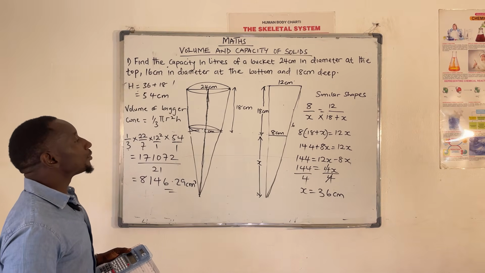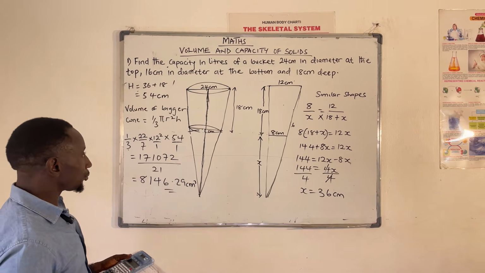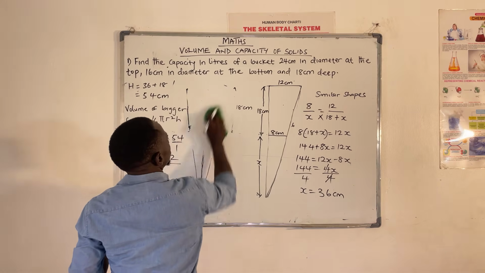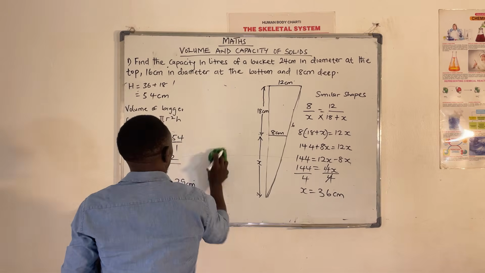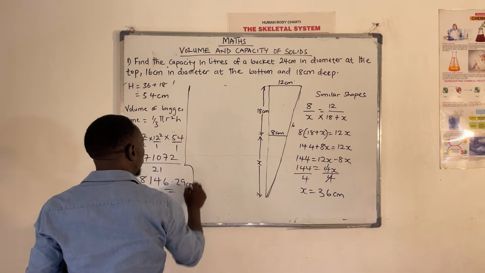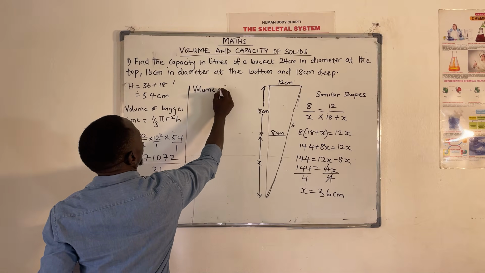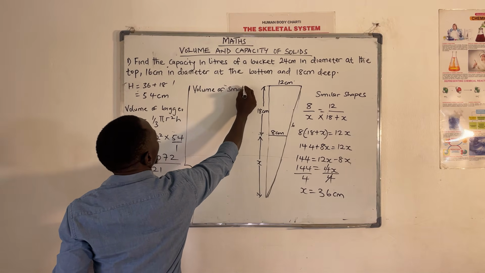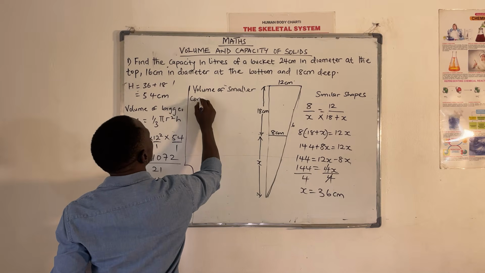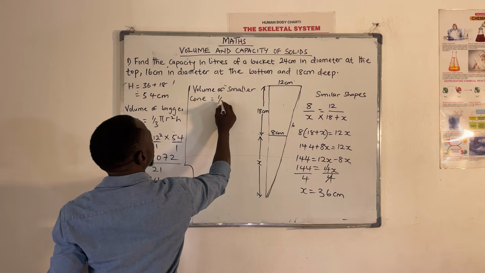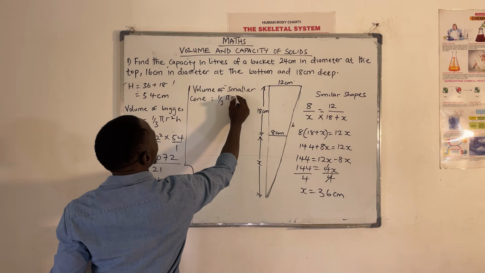Now I need to find the volume of the smaller cone. Now here we have volume of the smaller cone. Volume of smaller what? Cone is still given as 1 over 3 pi r square h.